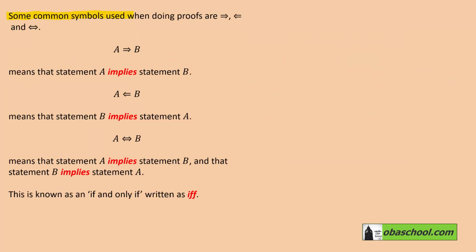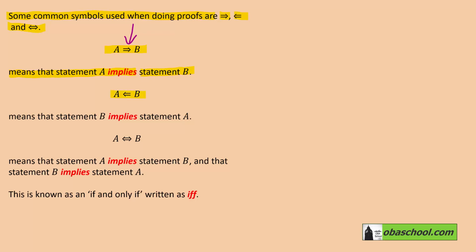Some common symbols used when doing proofs are this double-barred arrow to the right, this double-barred arrow to the left, and the one that points in both directions. If we have a statement that says A, then the arrow, and then B, that means that statement A implies statement B. So the arrow here is the implies symbol.